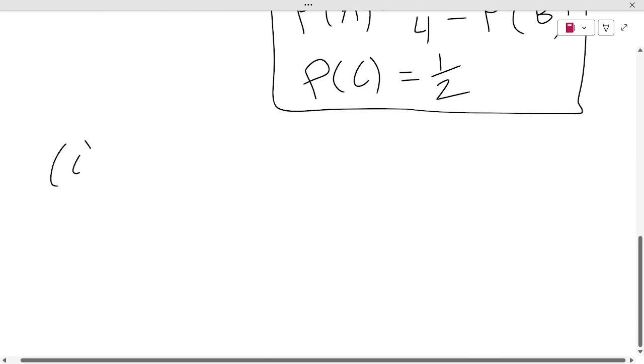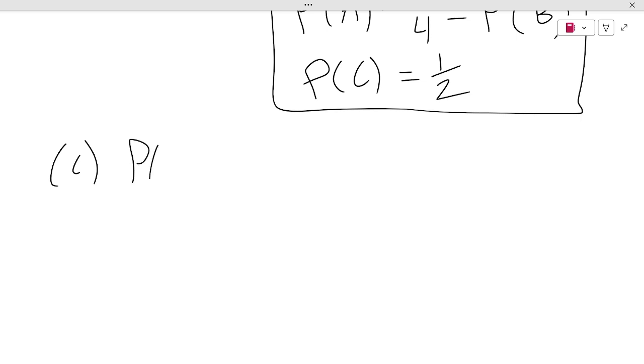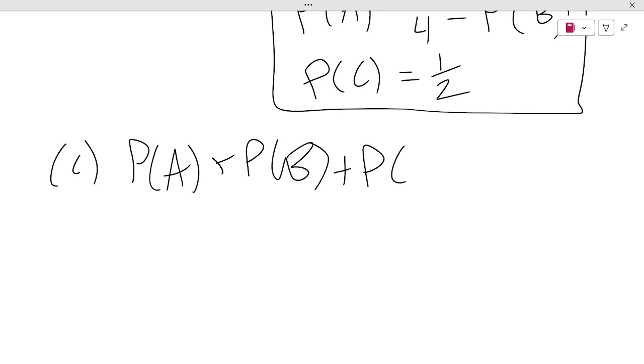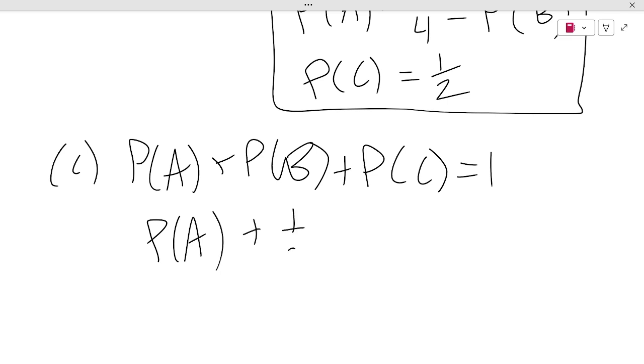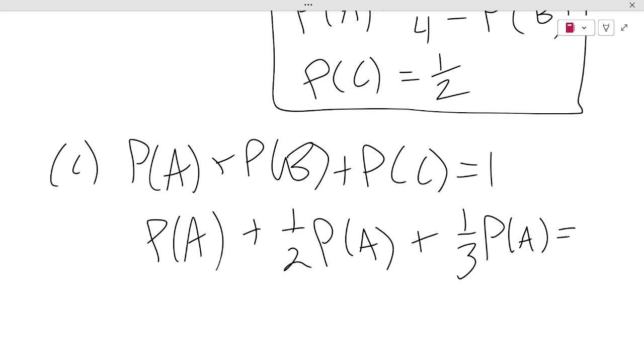Okay, last one, part C. This one has a weird relation, but we start by doing the same thing. We're going to try to write everything in terms of A. So we'll have the probability of A. We know that if 2 times B is equal to A, then B is equal to 1/2 of A. So we can say this is plus 1/2 times the probability of A. Same thing for C, except there's a 3 out front, so it'll be 1/3 the probability of A, and that is equal to 1.